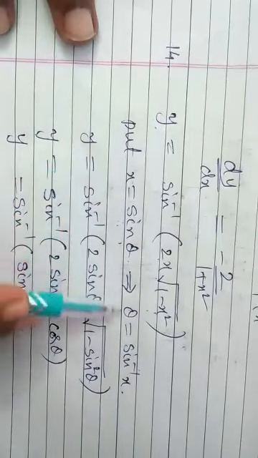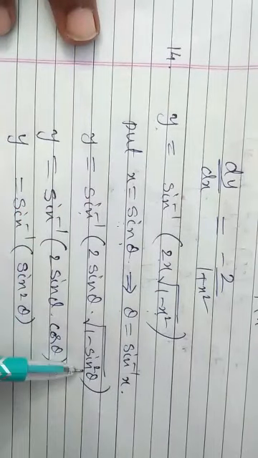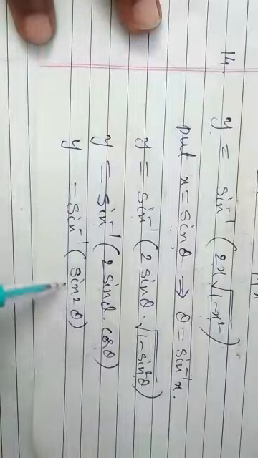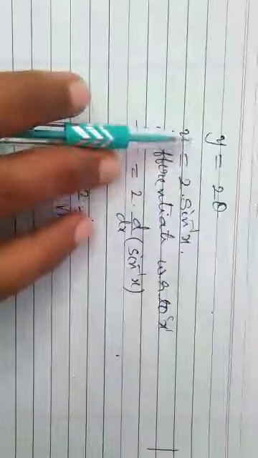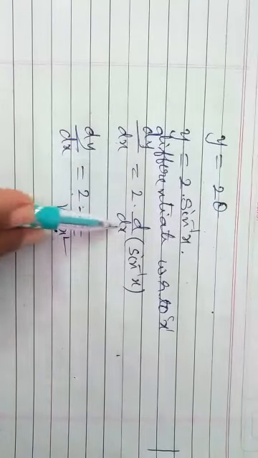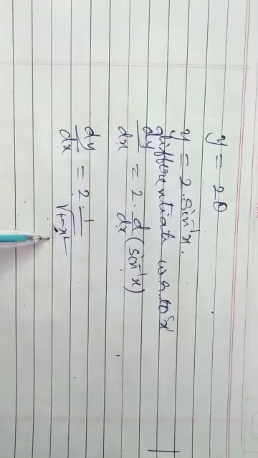So x is equal to sine theta, theta is equal to sine inverse x, sine inverse of 2 sine theta root of 1 minus sine square theta, which is sine inverse of 2 sine theta into cos theta, and 2 sine theta cos theta means sine 2 theta. So y is equal to 2 theta, y is equal to 2 sine inverse x. Differentiate with respect to x, dy by dx is equal to 2 into d by dx of sine inverse x, and dy by dx is equal to 2 into 1 by root 1 minus x square.